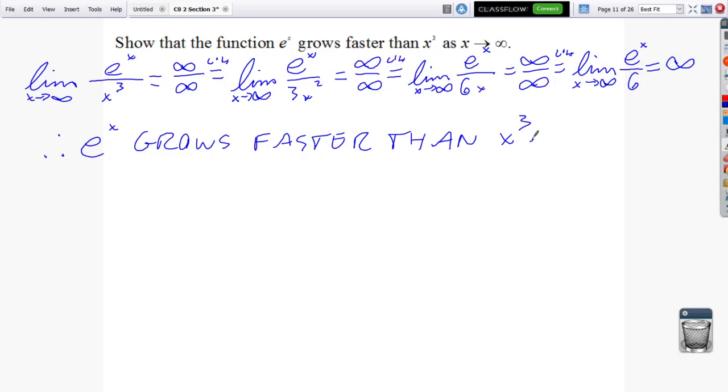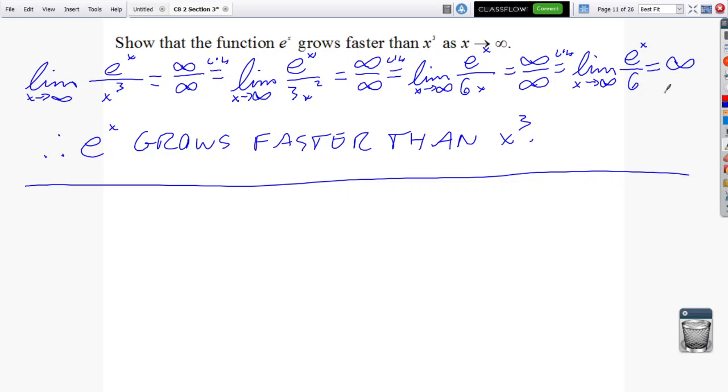Since it says show that the function e to the x grows faster than x cubed, you would not want to put down x cubed grows slower than e to the x, although that does imply the answer. Something I do want to point out is that sometimes you're going to be dealing with polynomials of degree bigger than 3. Notice here we had to do L'Hopital's rule 3 times to get this into non-indeterminate form.